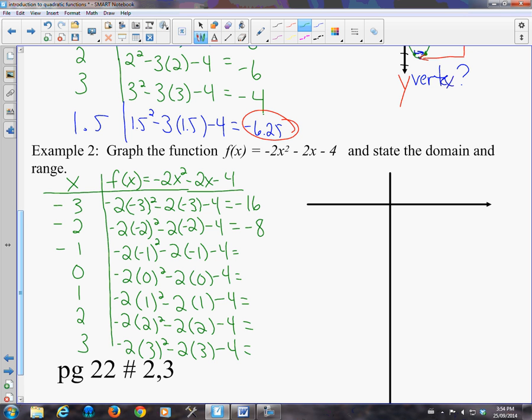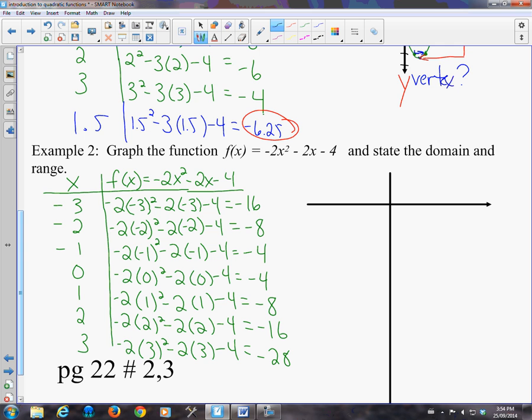Then negative 1 gives negative 4, 0 gives negative 4, 1 gives negative 8, and 2 gives negative 16. And we've got 3 with 9, negative 18, negative 24. That one's pretty big to be putting on our graph.